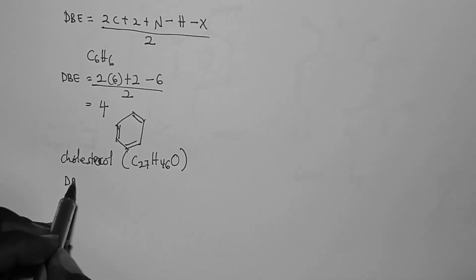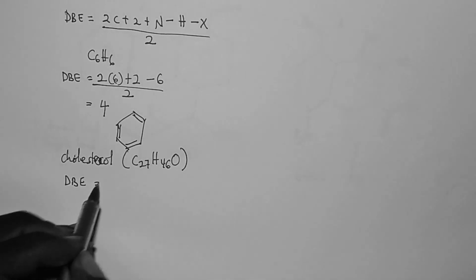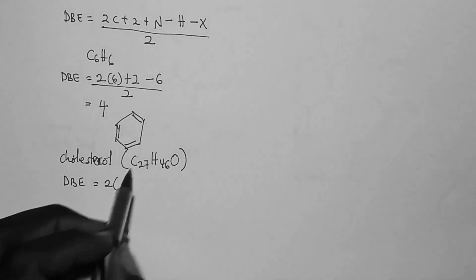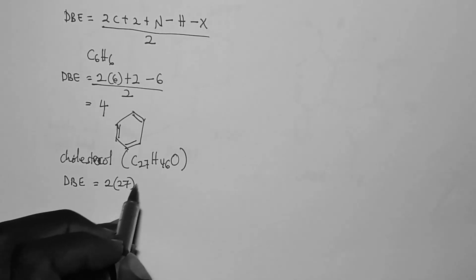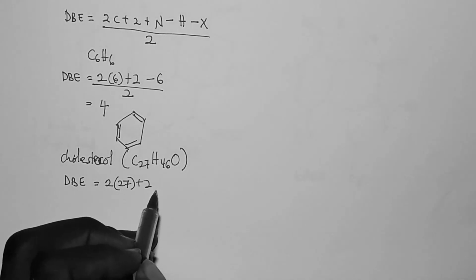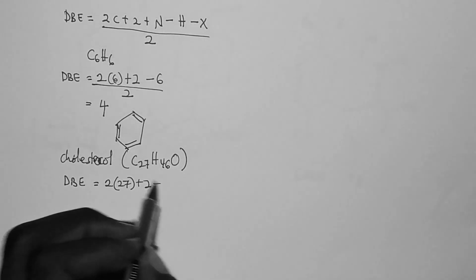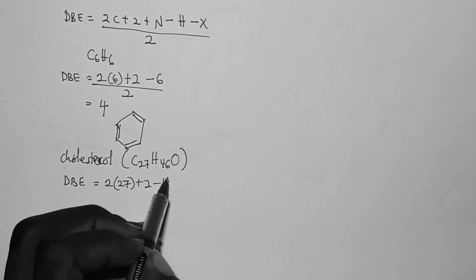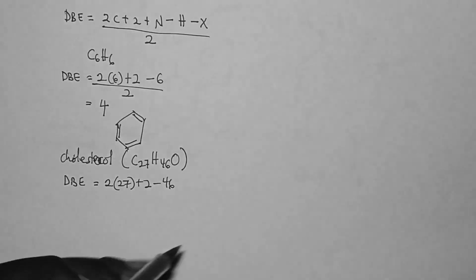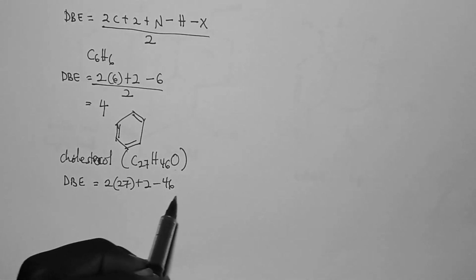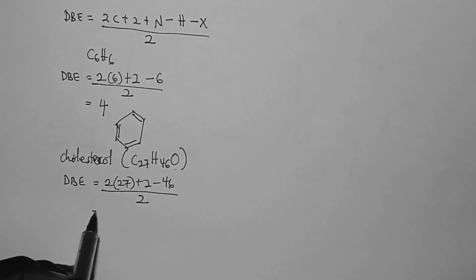So DBE is equal to, using the same formula, 2 times the number of carbons, which is 27, then plus 2, then plus nitrogen. Nitrogens are not in this compound, so it's 0. Then minus the number of hydrogens, which is 46. Then minus the halogens. This formula does not have halogens, so it's 0, divided by 2.